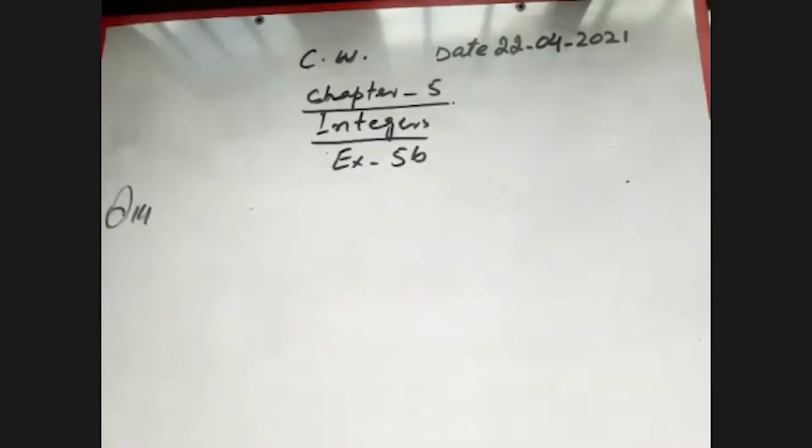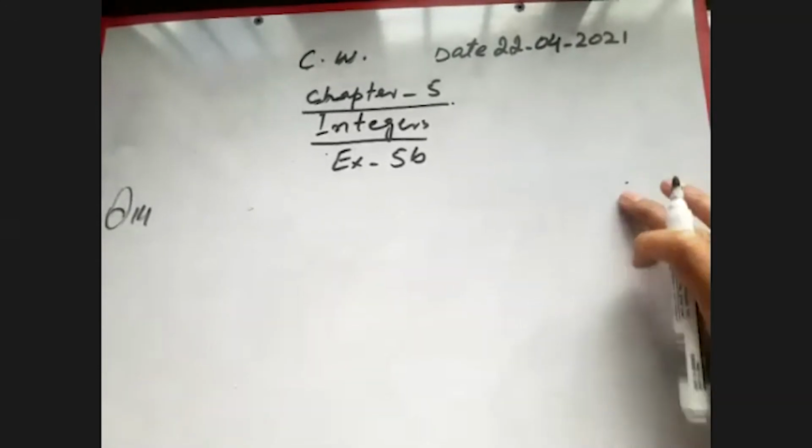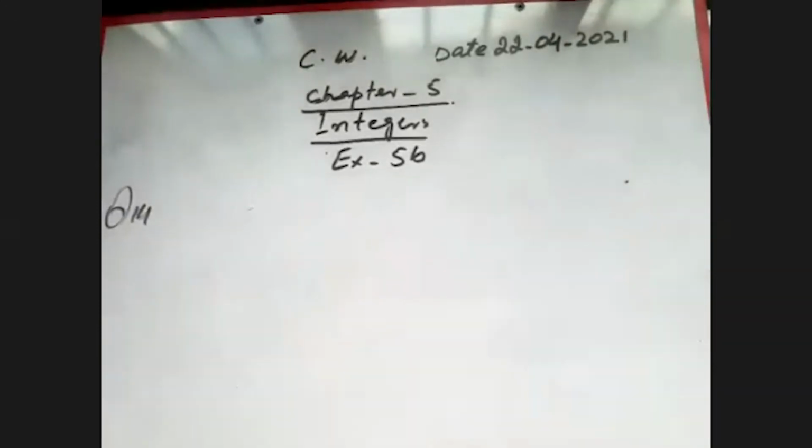So these are the negative ages. Minus 194 is a greater figure than minus 276. You must know that negative 194 is greater than minus 276.